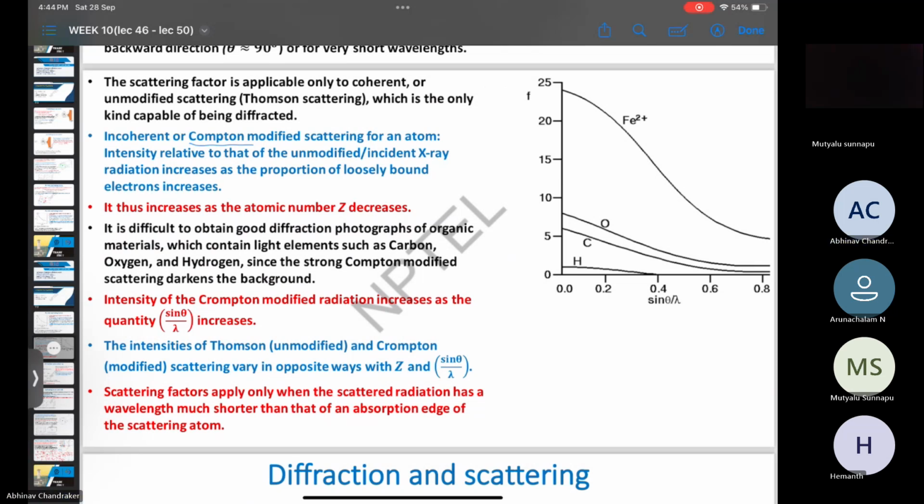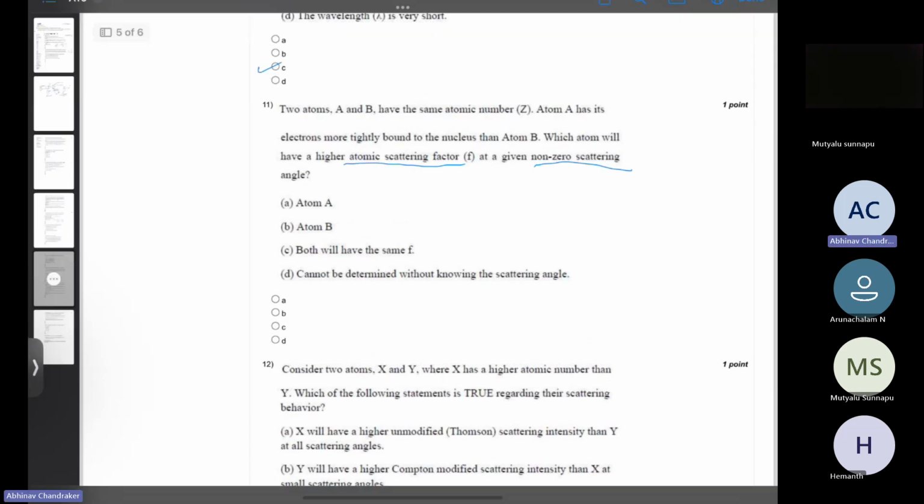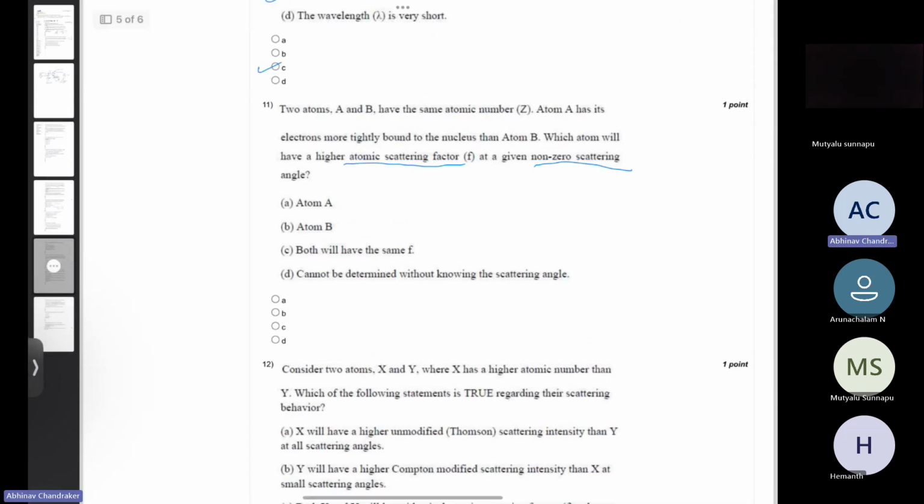Okay. So we have the atomic number same. The electrons in one case are more tightly bound than in the other case. The angle is the same.